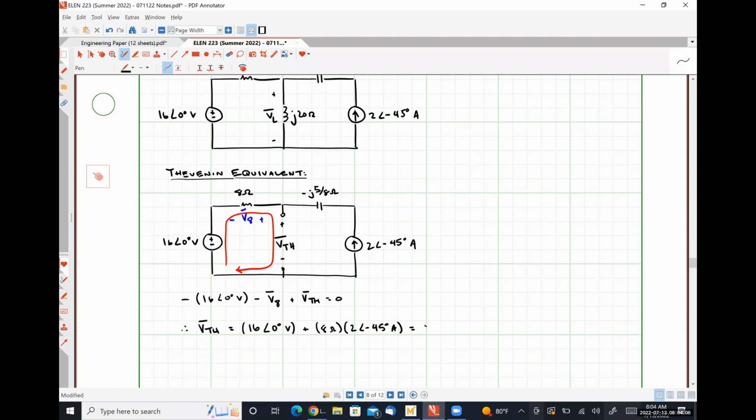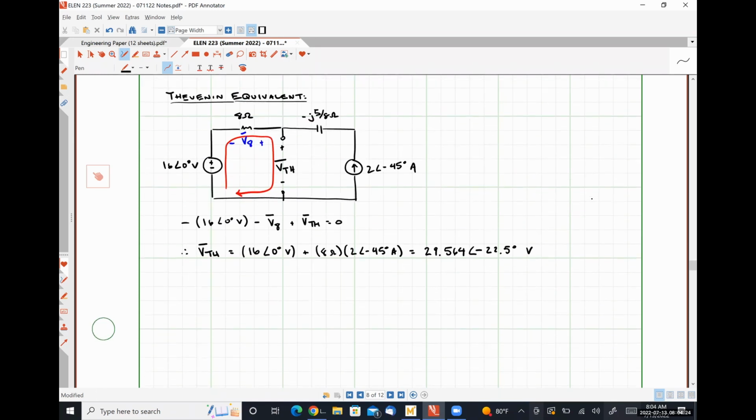I get 29.564 angle negative 22.5 degrees volts.